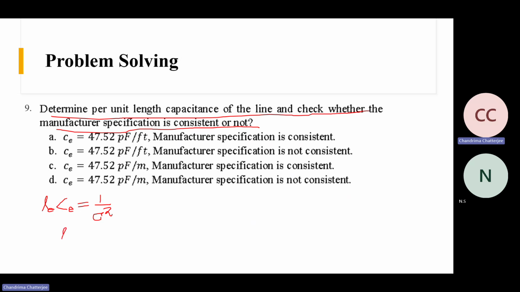That's why we can guess that the medium is not free space exactly. Here LE CE, the multiplication of LE and CE, is basically 0.53 c square. Okay, because 53% of the velocity of free space.